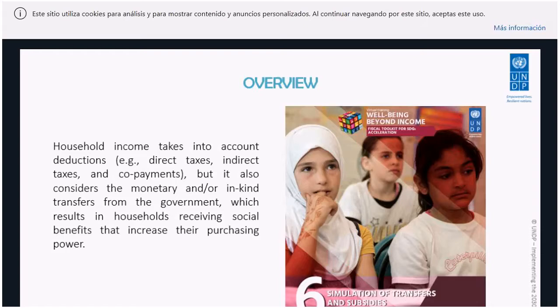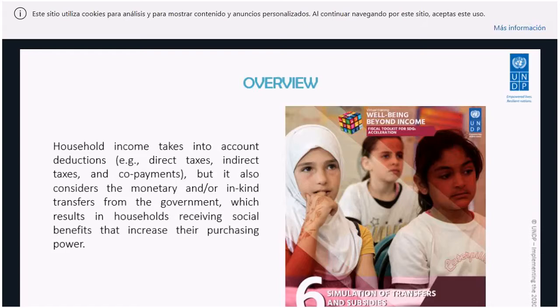The effect of these in-kind transfers can be approximated not in terms of poverty, because I agree that doesn't make any sense, but it could be used to explore what inequality would be if we monetize those services, right?